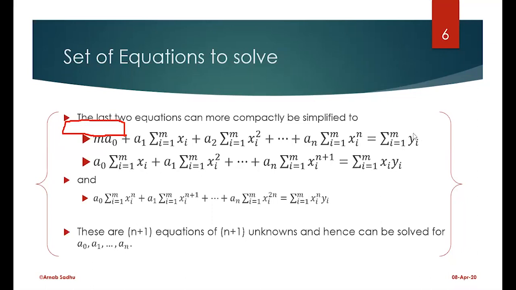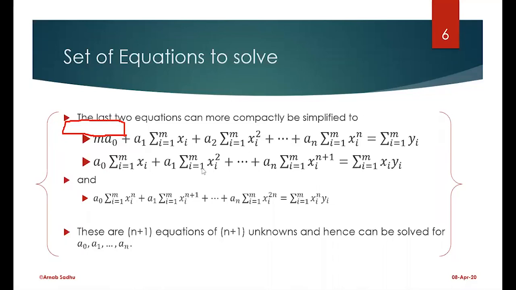similar to the earlier day, the right hand side, what was it before? yi was there, here also yi will be there. Okay, the second equation will also change. In the second equation, how did it start? a0 was the coefficient of xi. Here we will just see the right hand side of m a0, it always shifts one place to the left, so m a0 is discarded, a0 is the coefficient of xi. Similarly a1 will be the coefficient of xi squared, an will be the coefficient of xi to the power n plus 1.